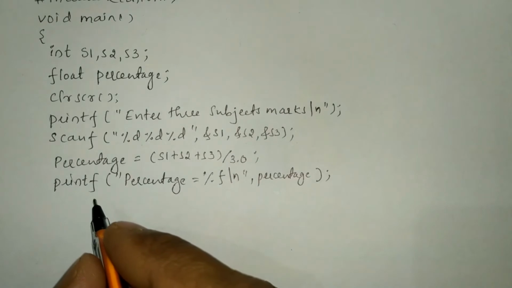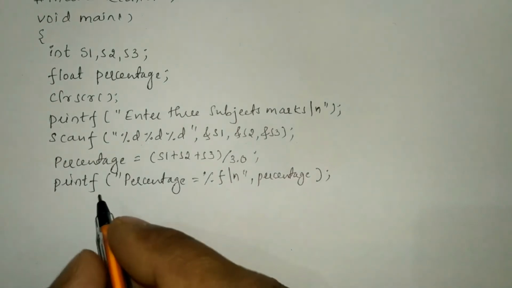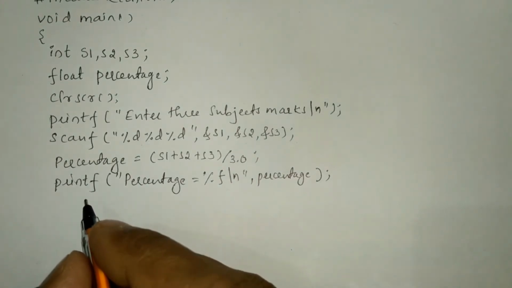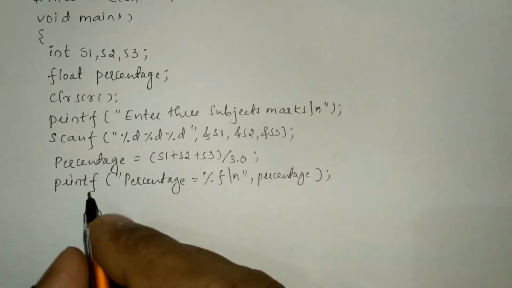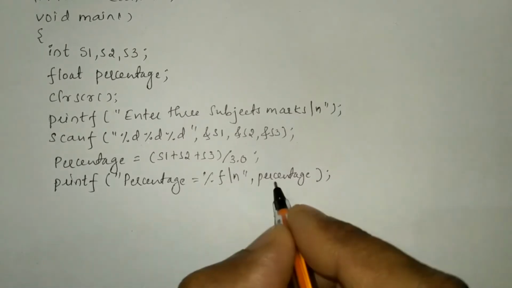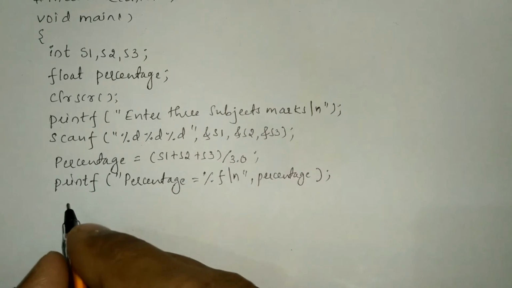Now we have to print the grade, for example distinction, first class, second class, pass class and then fail. So here we are going to use this percentage value to declare the grade.